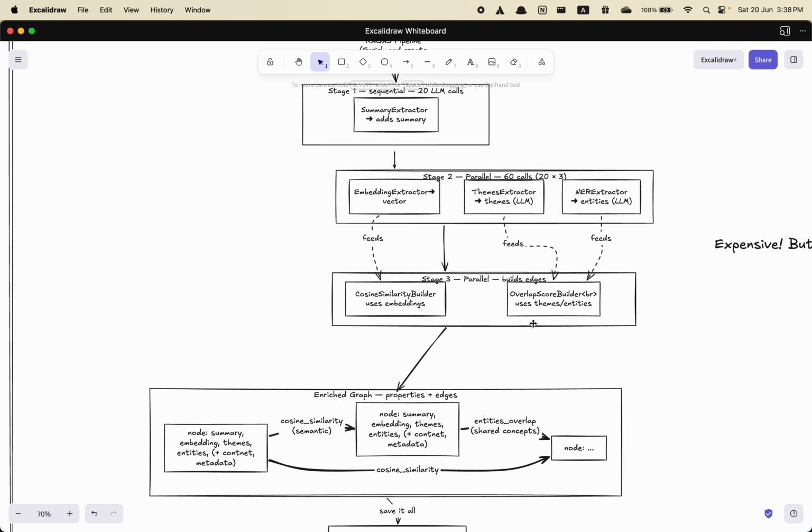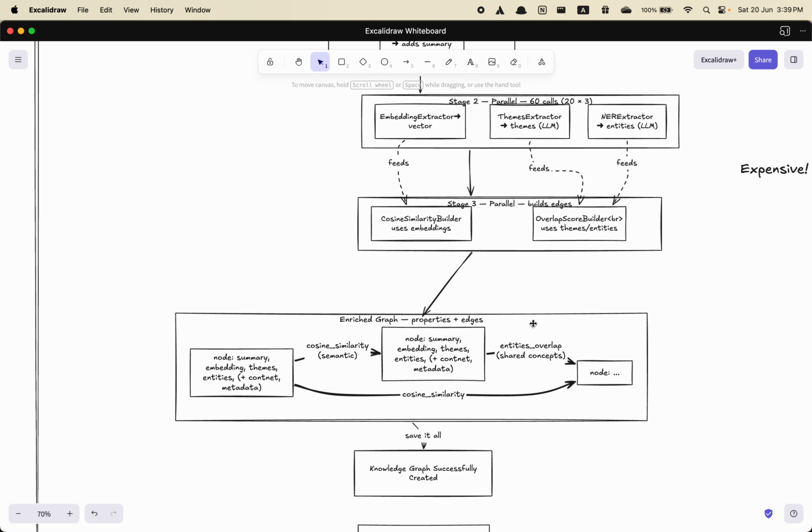We can add themes, we can add entities, and we can also start to connect the chunks. In our example, we connected using both cosine similarity and an overlap score builder, which looked at the theme and the entity of the chunk.